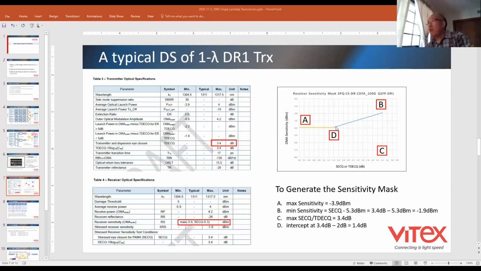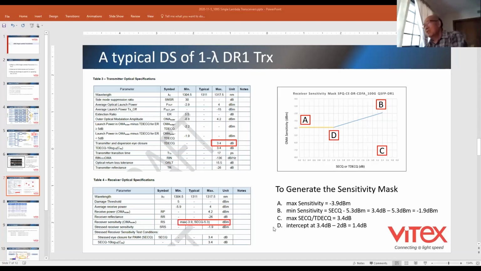But after this point, it should be a 1-to-1 relationship. For instance, theta Q from 1.4 to 3.4 is a 2 dB difference, and you shall have the input power in OMA change 2 dB from this point to this point. So basically here is flat, here is linear, 1-to-1. That's all this sensitivity mask means.